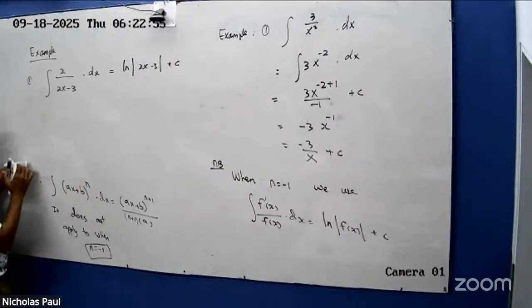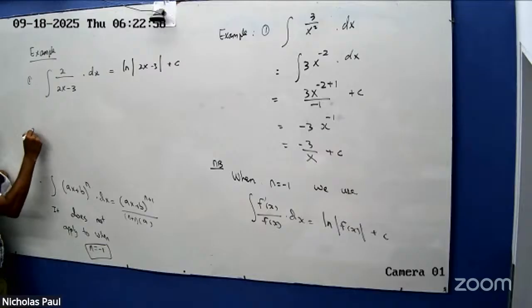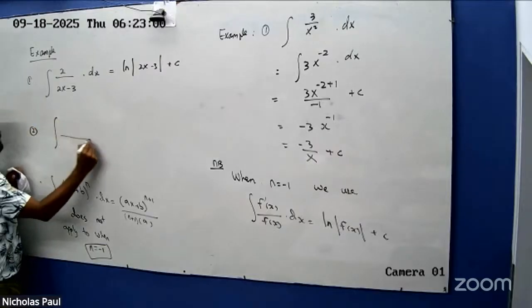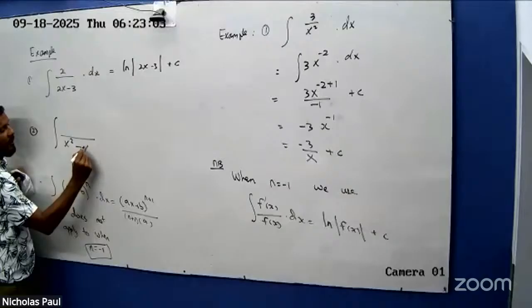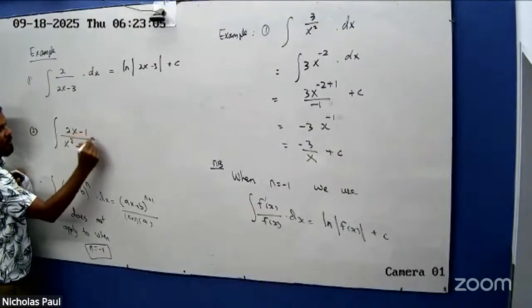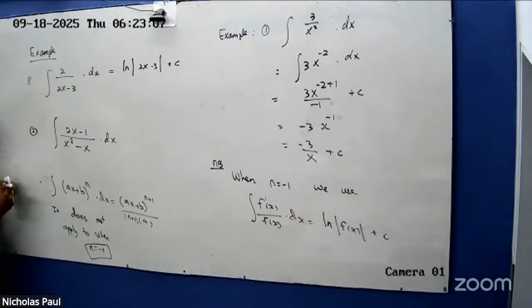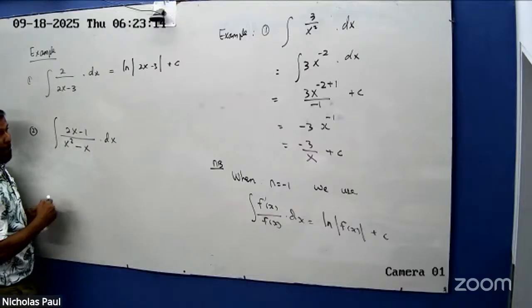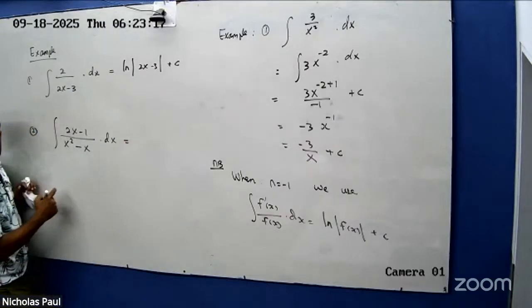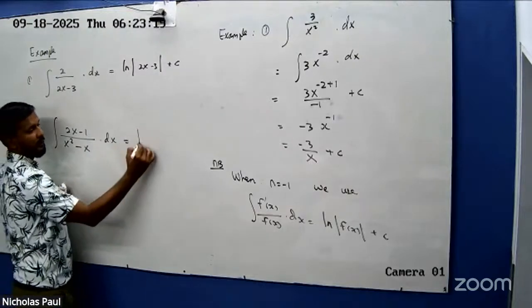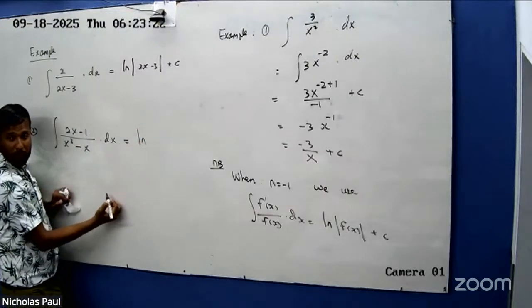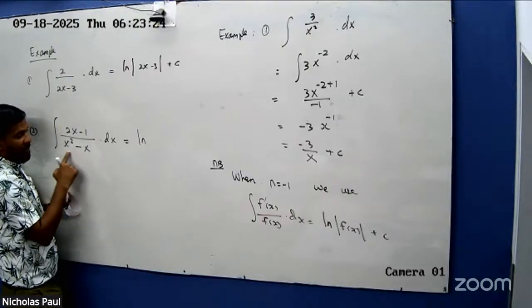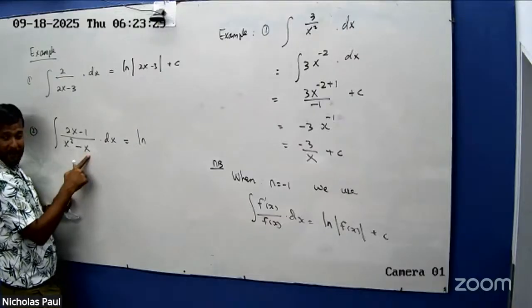Next one, number 2. No, I'm not done, please. Pete, do this one from me. Okay. What's the integral of this? Ln of what? What's the differential of this, Pete? 2x minus 1, right?